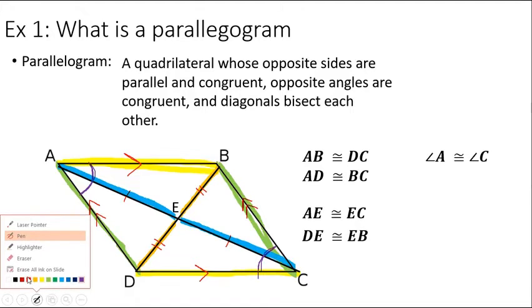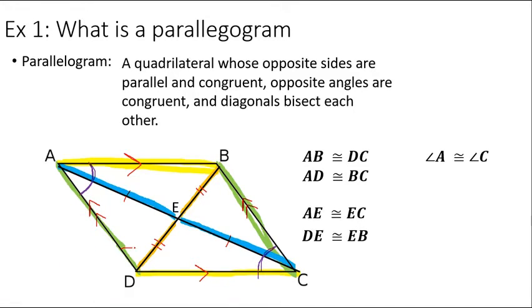And then you also say the same thing about angle D, which is across from angle B. So here we're going to put 2 marks to show us a different angle. So we'll say that angle D and angle B are congruent to each other.